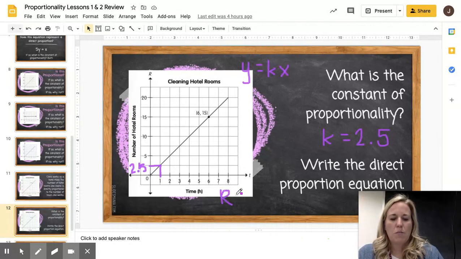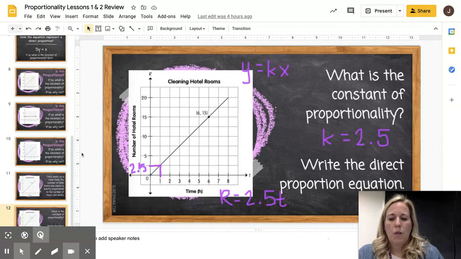Usually we don't do that, but since it is here, I will write it here too. So I would say R equals, and then my k, my constant of proportionality, in this case it's 2.5, and then my x-axis. But if I look at my x-axis, it actually doesn't use the variable x, it uses the variable t. So I'm going to put t here. So my direct proportion equation is R equals 2.5t.